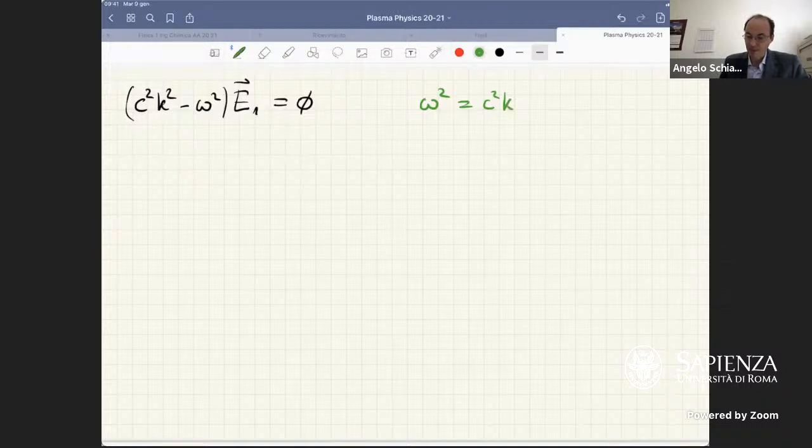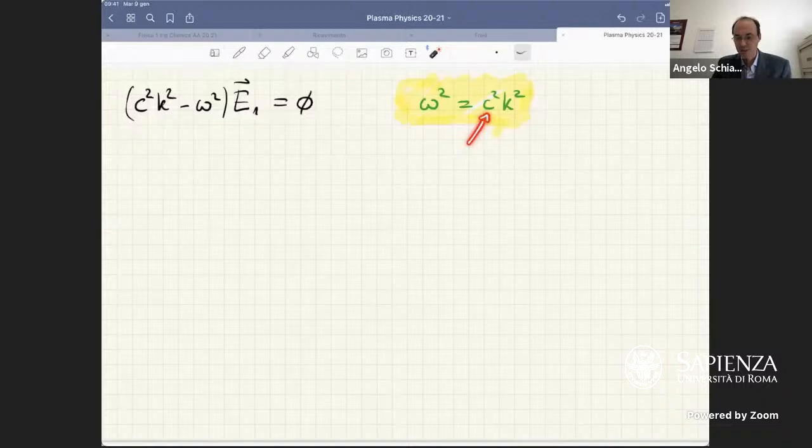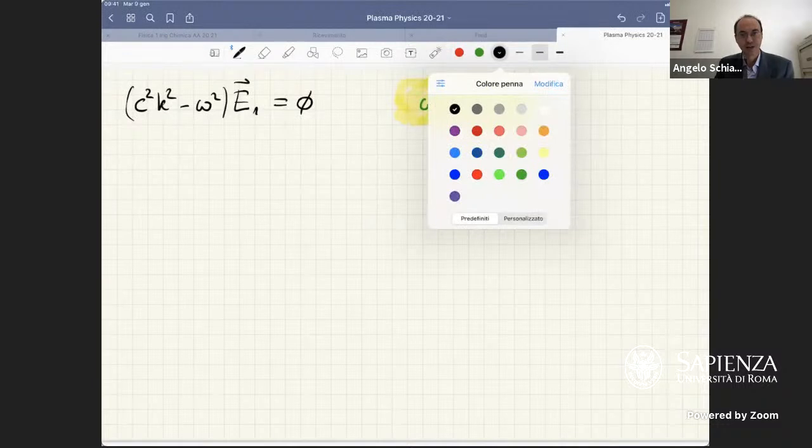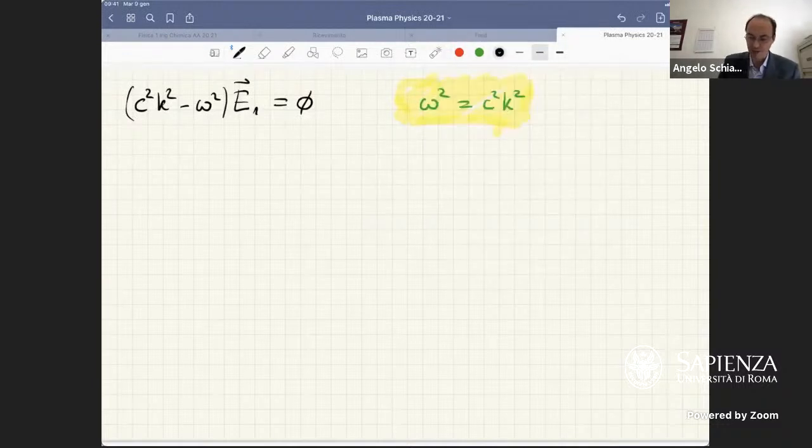This is rather nice because this dispersion relation is expressing a constant speed wave in a non-dispersive medium, vacuum, and the characteristic speed at which the wave is propagating is the speed of light. So actually we covered the electromagnetic waves in vacuum.